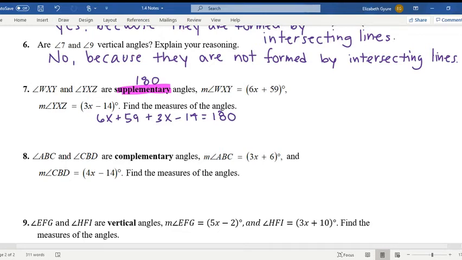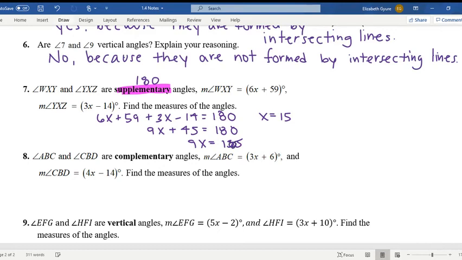Combine your like terms. 6x plus 3x is going to give you 9x. 59 minus 14 is going to give you 45 equals 180. Subtract your 45 over. 9x equals 135. And then divide to get that x equals 15.